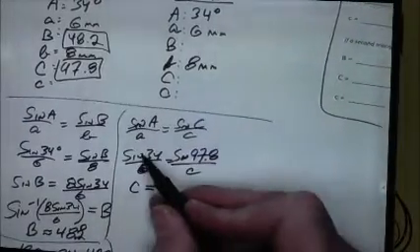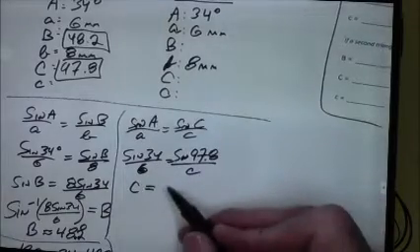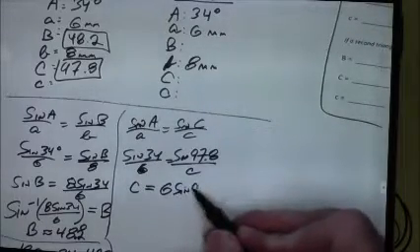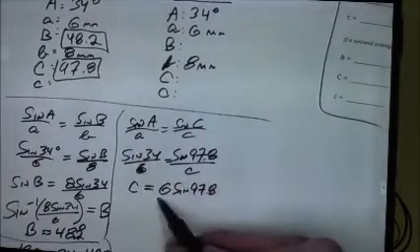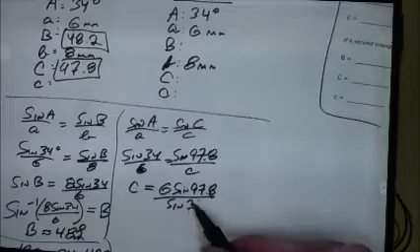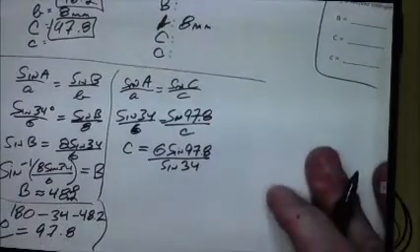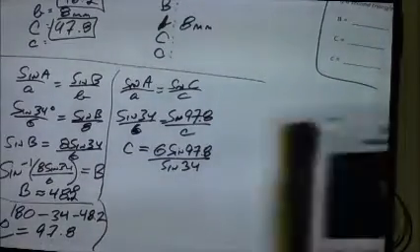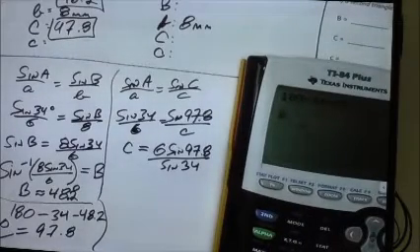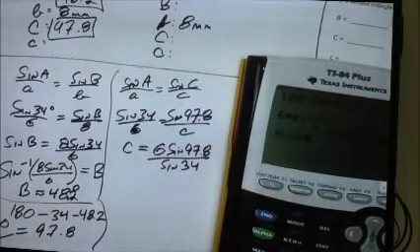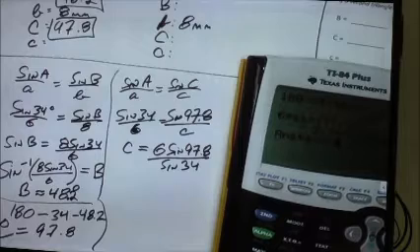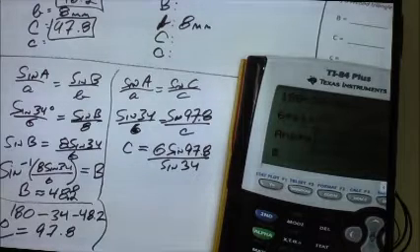So C times that is equal to 6 times this. 6 times sine 97.8. So C times that means I can divide by sine 34. This one's not a minus 1 key, it's just a calculate the number, it's the length of the side. So 6 times the sine of 97.8, and divide by sine of 34, and they get 3.32.